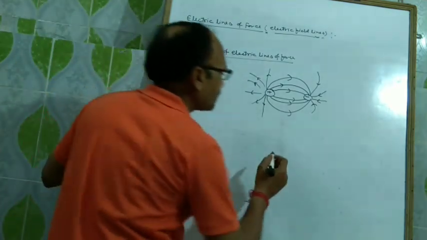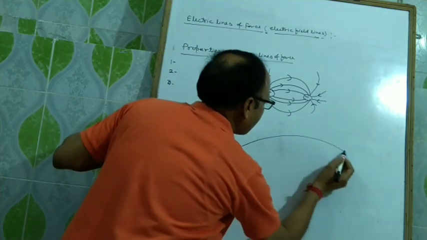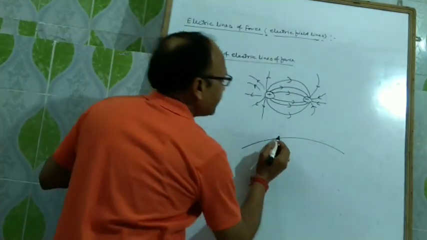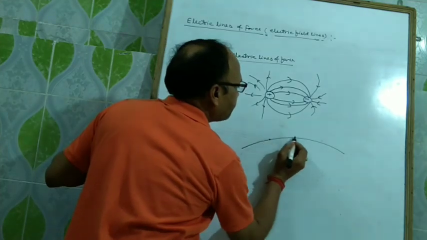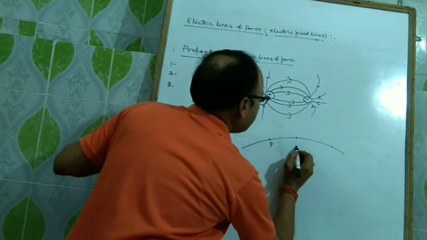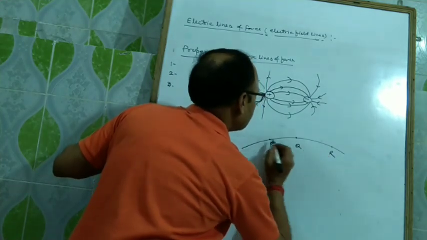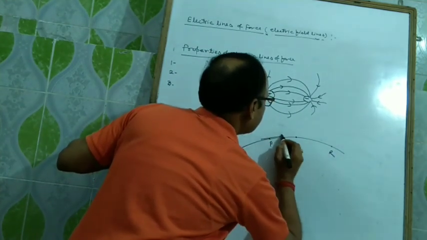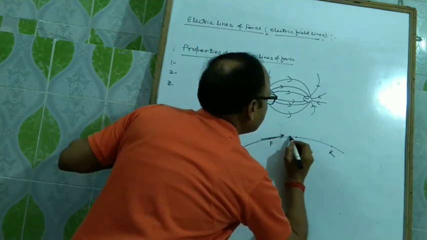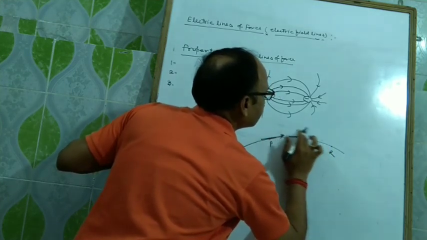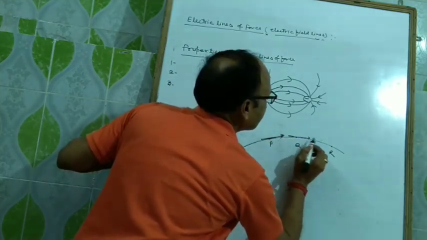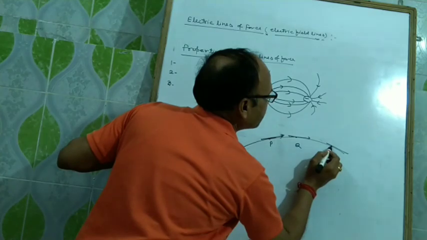You can understand this. Suppose this is the electric line of force and you are taking these 3 points P, Q and R. This is P, this is Q, this is R. At this point, this is the tangent. At this point, this is the tangent. At this point, this is the tangent.